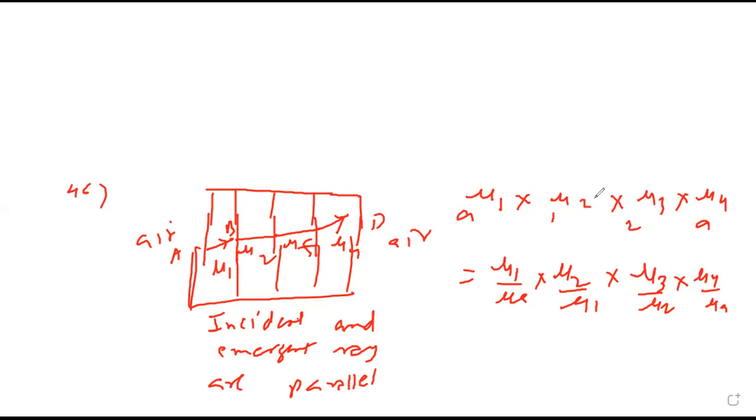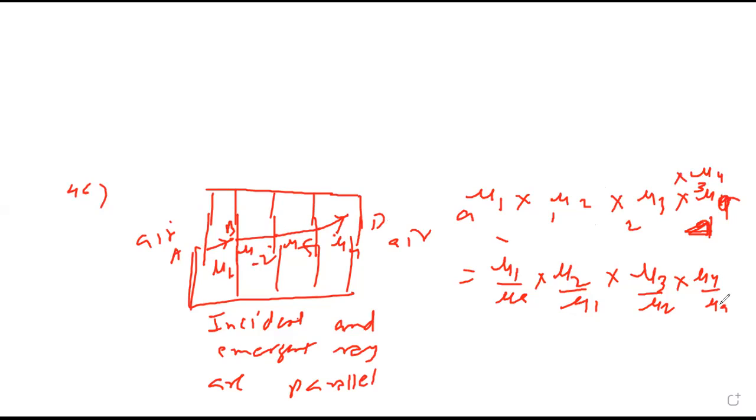So mu1 upon this, mu2 upon this, going, so this is air, it is going in air and then fourth medium. One more will come, this is second medium, 2 to 1, 3 to 2, 4 to 3. So 4 to 3 and then air to 3.